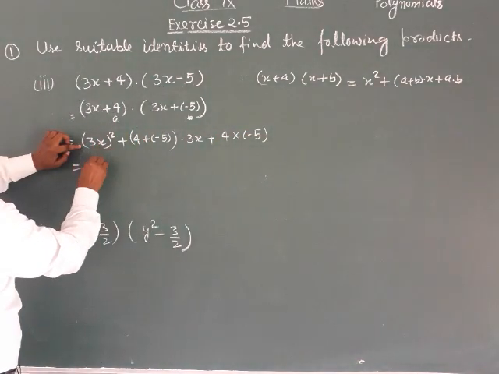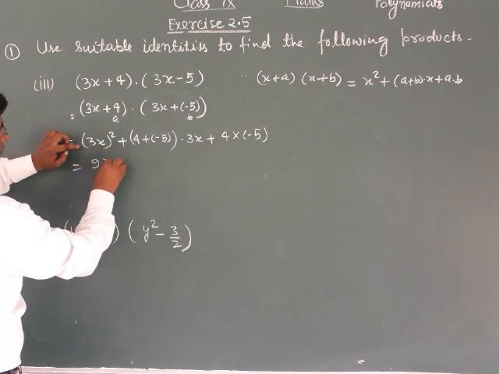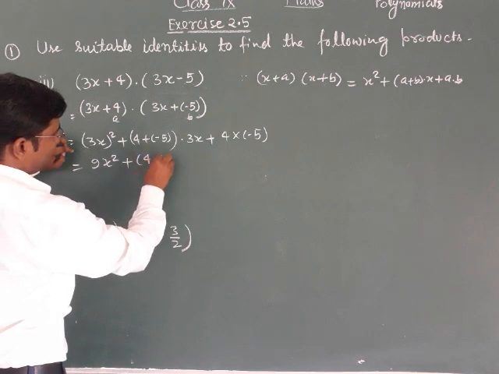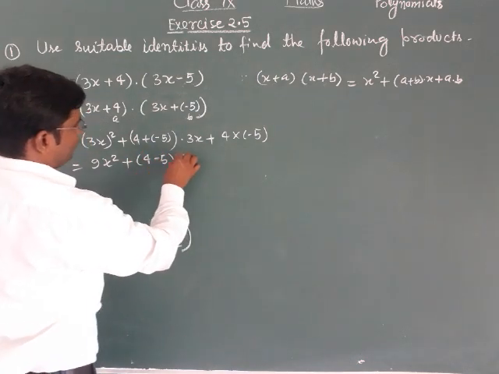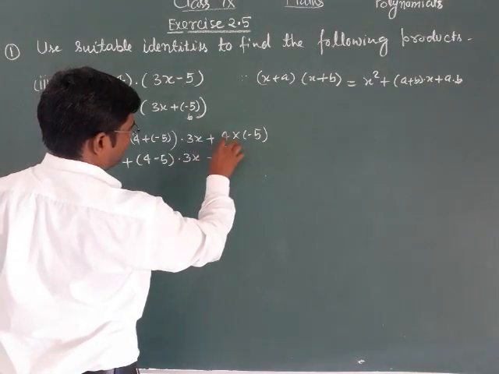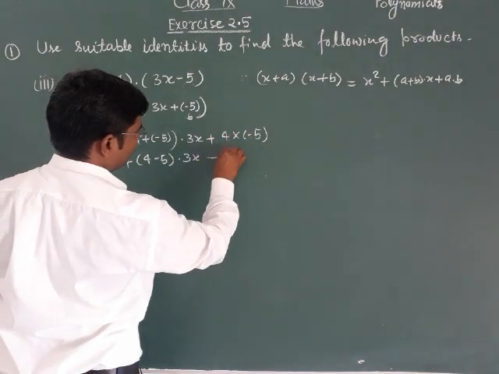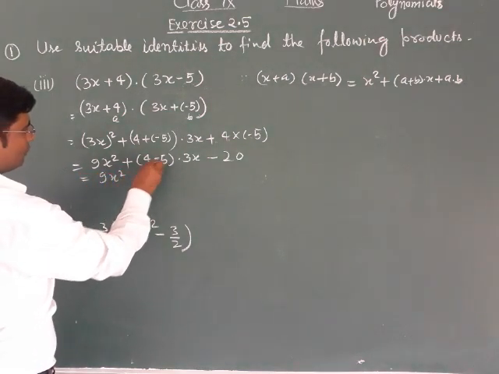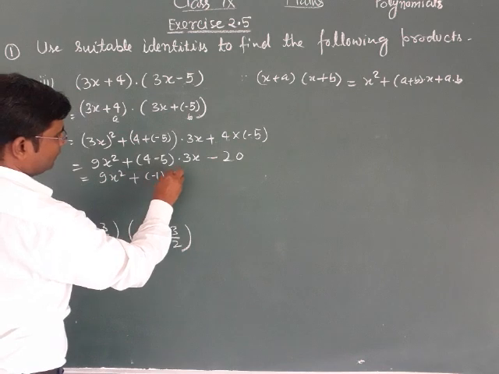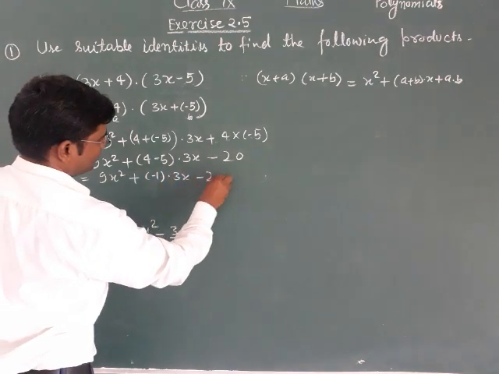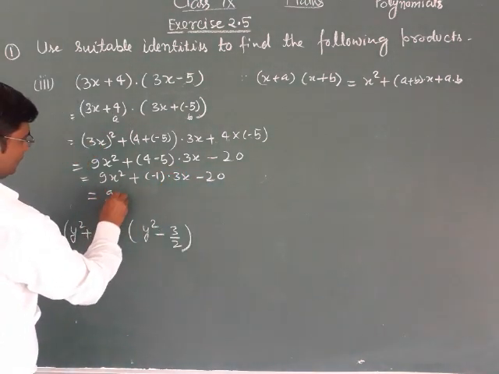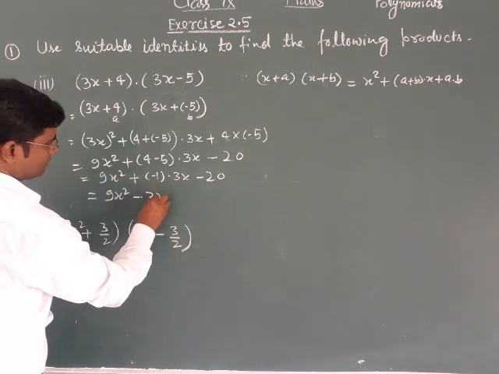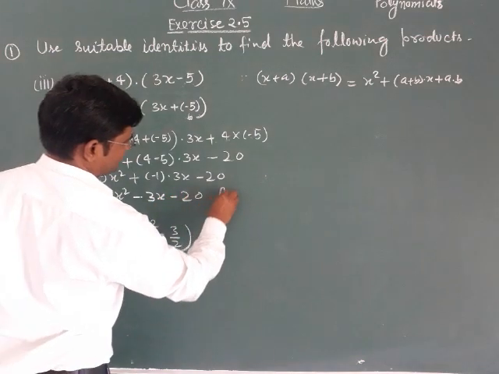So 3 square is 9x square plus (4 - 5) into 3x minus 20. So this is 9x square plus (-1) into 3x minus 20, that is 9x square minus 3x minus 20. This is the answer.